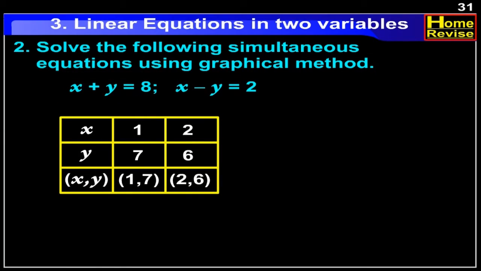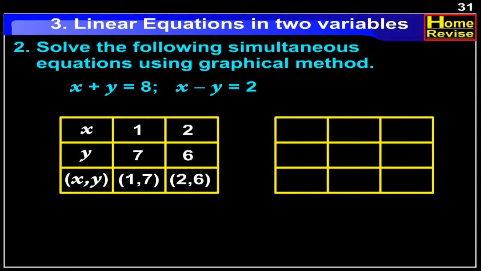Similarly, we will make a table for the equation x minus y is equal to 2. Draw the table. In the first column, write down x, y and x comma y.